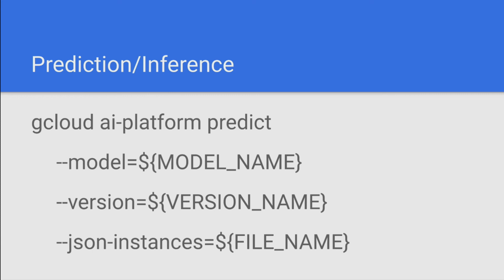Label is what you're trying to predict. So this is how you would perform prediction. Now, this will do your local authentication. But the good thing about this is it's also very similar to how you would call your model and perform prediction from inside of code.